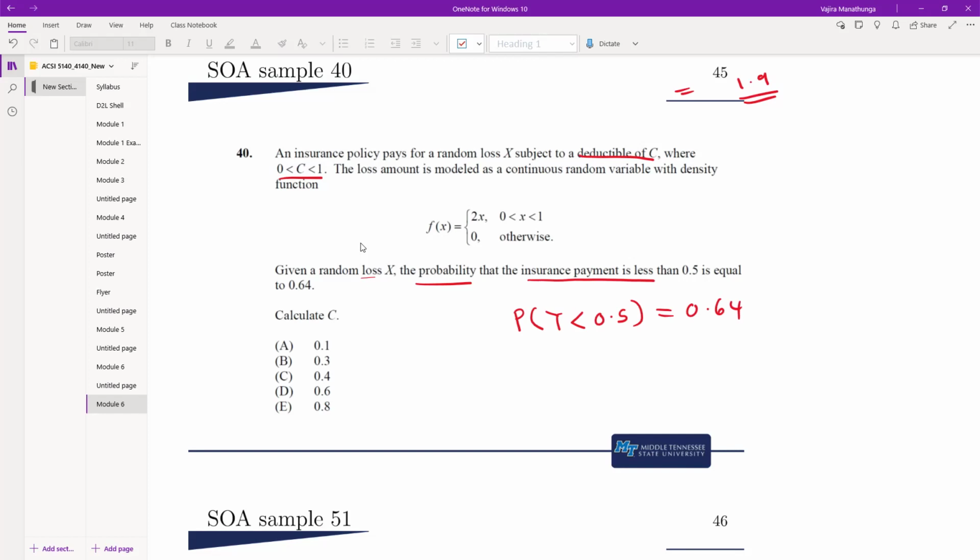But this is the insurance payment, so we have to connect it with the random loss variable. So we have Y, which is 0 if the loss is between 0 and c, the deductible amount, and then X minus c if it's more than c. So X can be more than c.